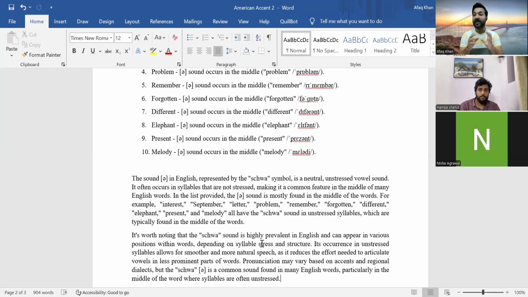You can say it that way because of your dialect, because of the language that you speak, and it affects the sound in English. So there are many sounds that are affected by various languages.